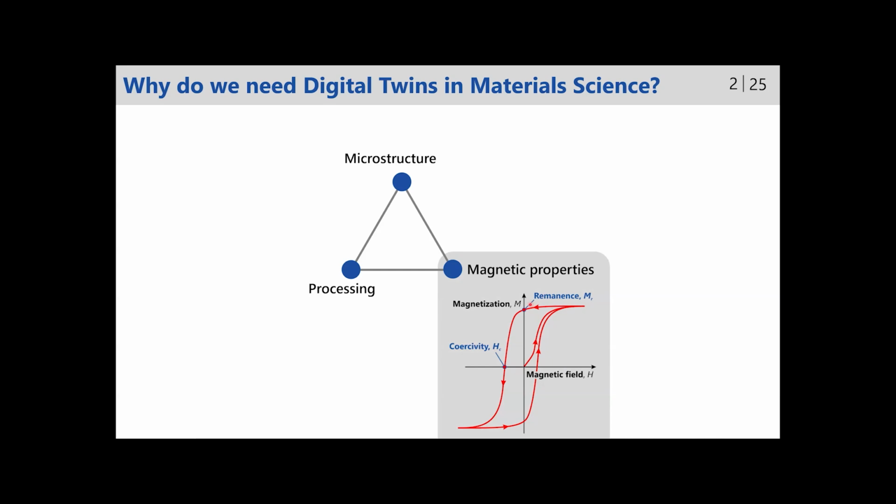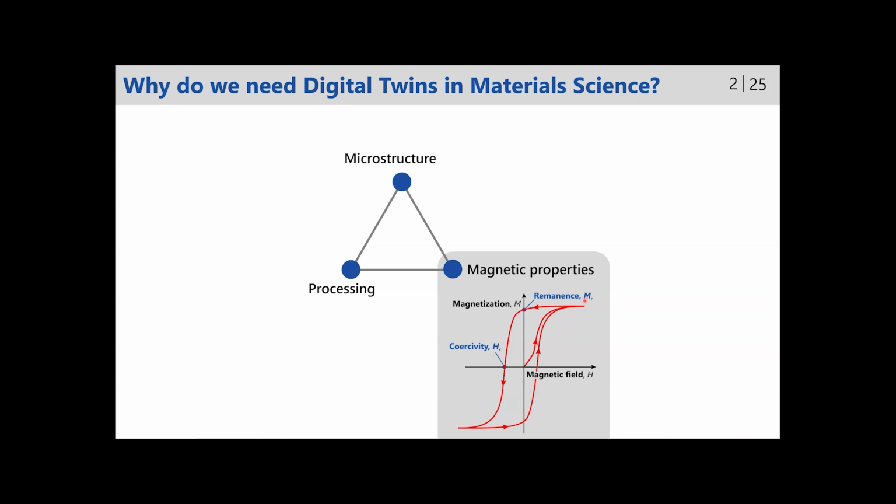Then when you reverse the magnetic field and it becomes zero, that is the remanence, and you need to apply a negative magnetic field in order to demagnetize the sample, that is the coercivity. I will use the words coercivity and magnetic hysteresis quite a lot during this talk. You can make it a cycle and obtain the so-called hysteresis loop.